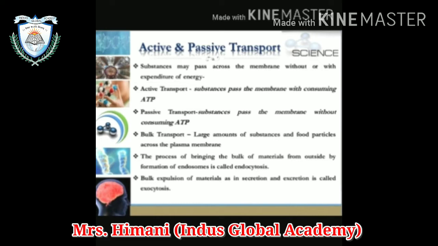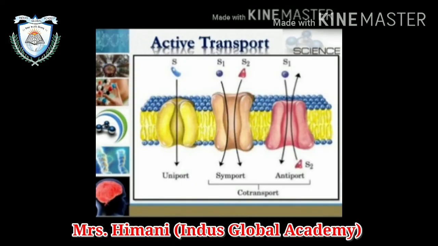ATP is the energy currency of the cell. Third is bulk transport: large amounts of substances and food particles across the plasma membrane. The process of bringing bulk material from outside is endocytosis; the bulk expulsion of material, as in secretion or excretion, is exocytosis.